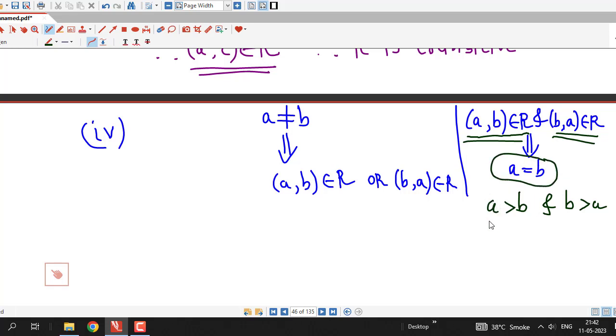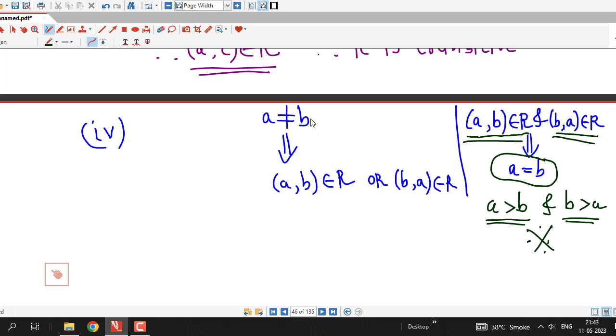And here (a, b) belongs to R if a is greater than b, and (b, a) belongs to R if b is greater than a. But this is not possible. a greater than b and b greater than a is impossible at the same time. That means our relation is antisymmetric.